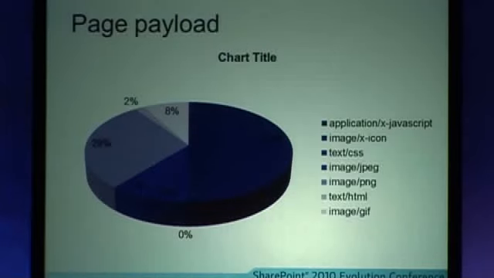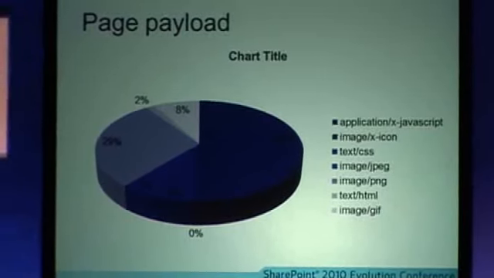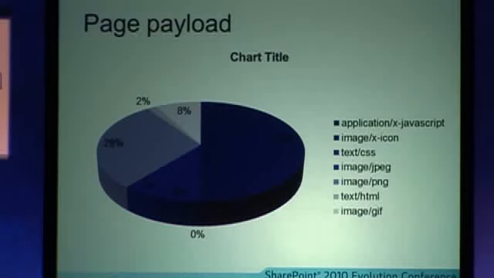In terms of a typical SharePoint site, about 50% of the initial page payload is in JavaScript. The next highest thing is in CSS, I think.